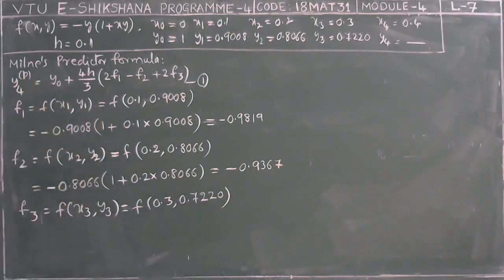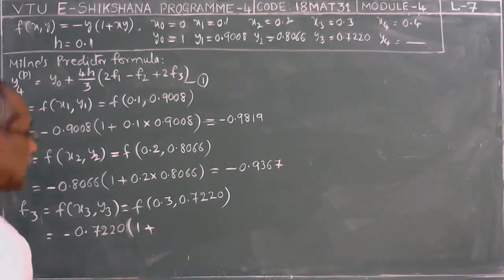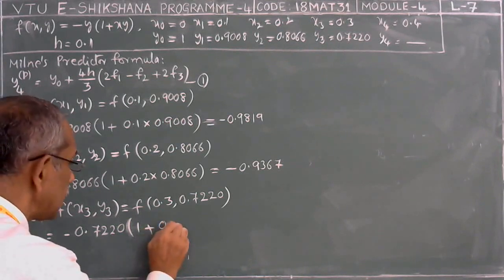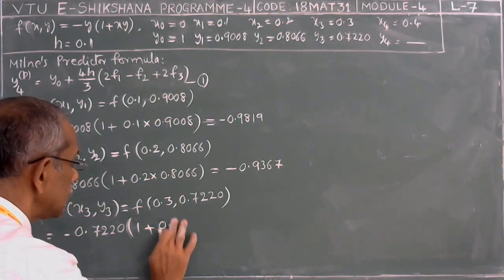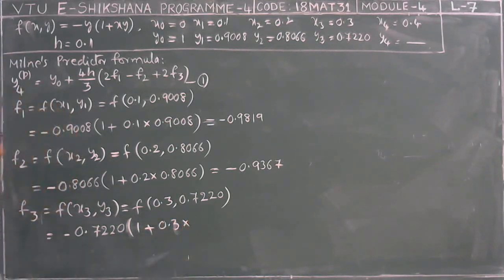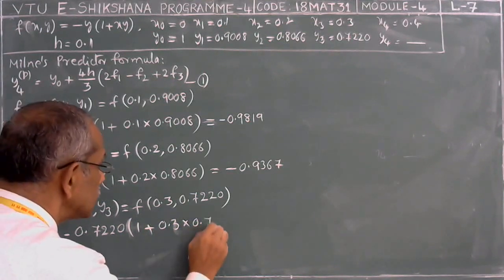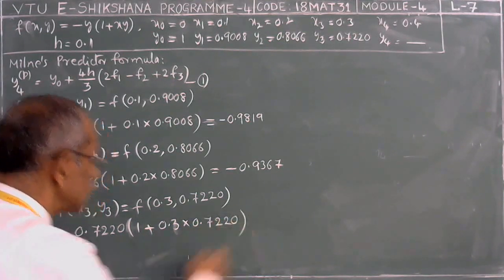Apply the definition: minus 0.722 into 1 plus 0.3 into 0.722.